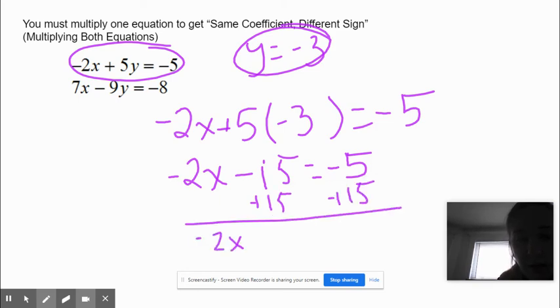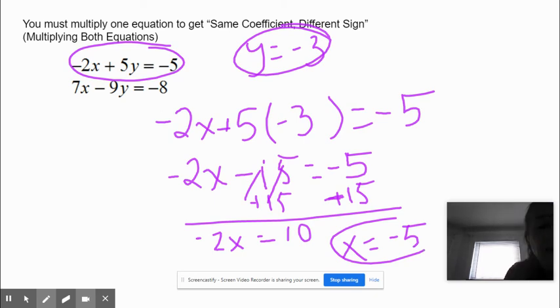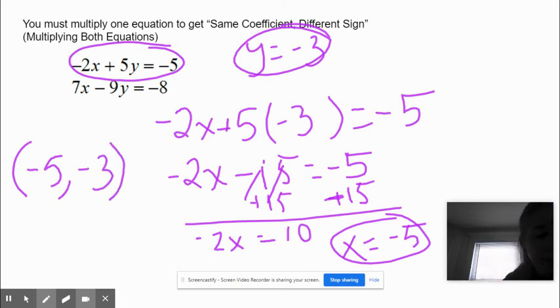Negative 2x equals, oh, that's a plus 15, 10. Divide both sides by negative 2, and x is negative 5. So your final answer, your xy coordinate, negative 5, comma, negative 3. Awesome.